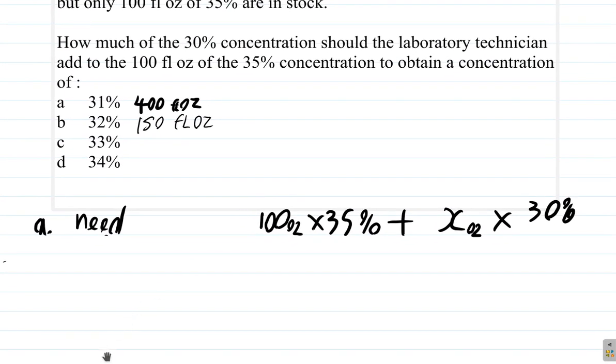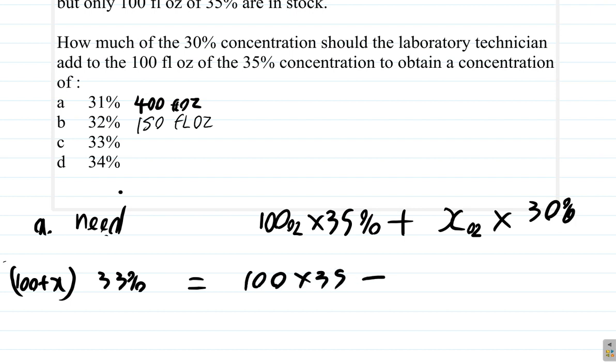So you need 33% concentration. You have 100 ounces of 35%, plus you have X ounces of the 30%. Now, here, you're going to have 100 plus X ounces of the 33% when you're done. This is equal to 100 ounces of 35% plus X ounces of 30%.